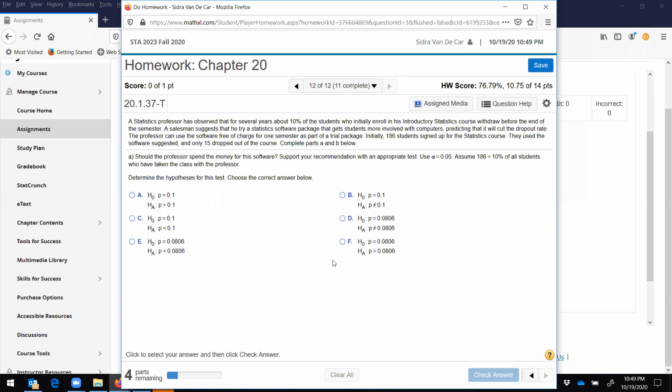Okay, so we're using alpha equals 0.05. 186 is less than 10% of all students who have taken the class with the professor. And these are representative of students. So we know we can run our statistical test. So our hypotheses are that p equals 0.1 and that we're going lower than 0.1. So that's here.